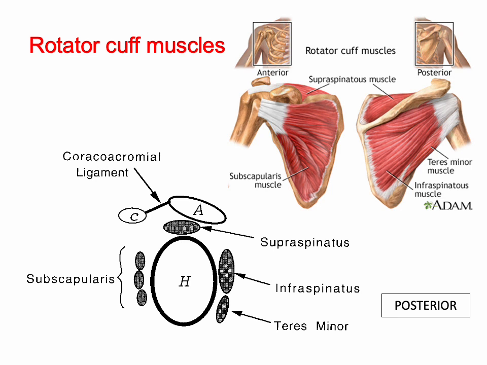The infraspinatus arises from the majority of the infraspinous fossa and inserts on the middle facet of the greater tubercle. Teres minor arises from the lateral border of the scapula and inserts on the inferiormost facet of the greater tubercle.